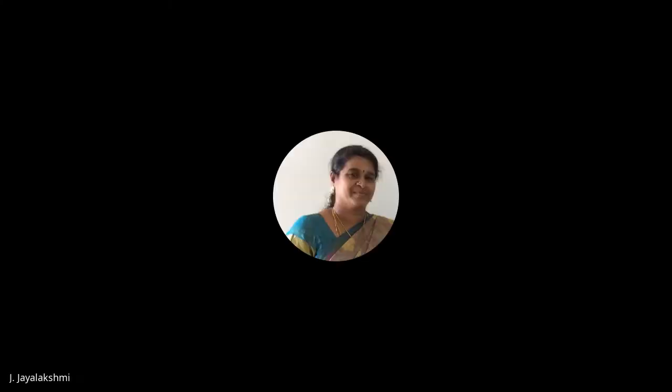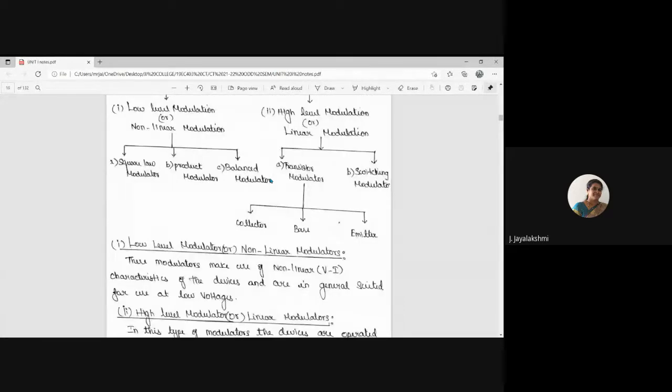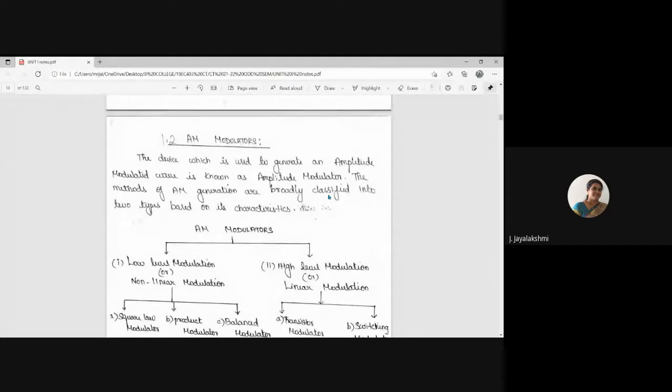Okay. Now we'll see what are the AM modulator schemes. So you need a device which is capable of generating all these modulated signals. Now we are going to bother about how to generate an amplitude modulator.